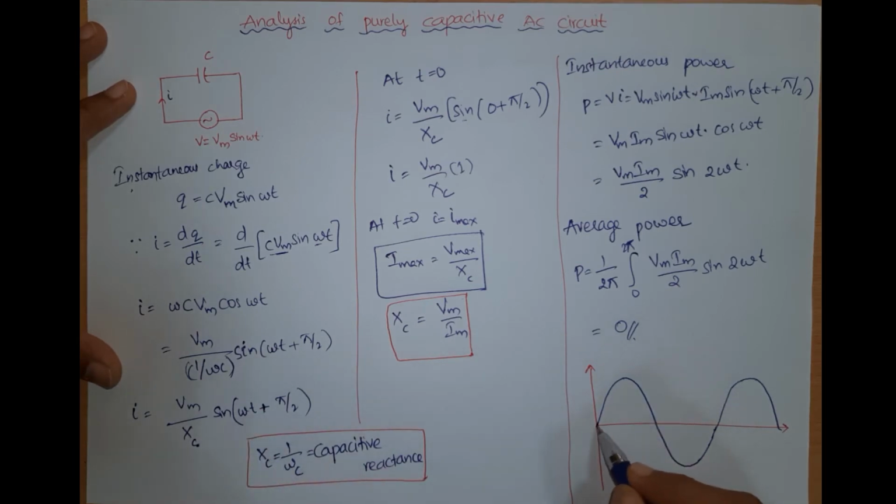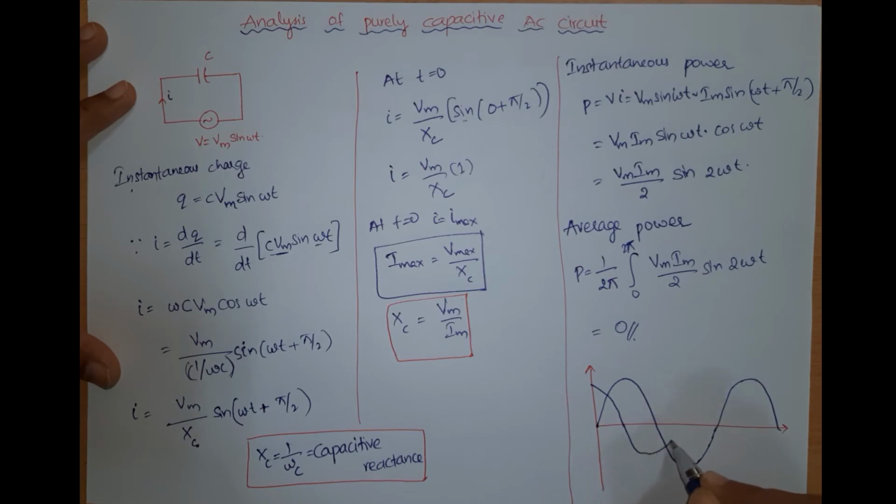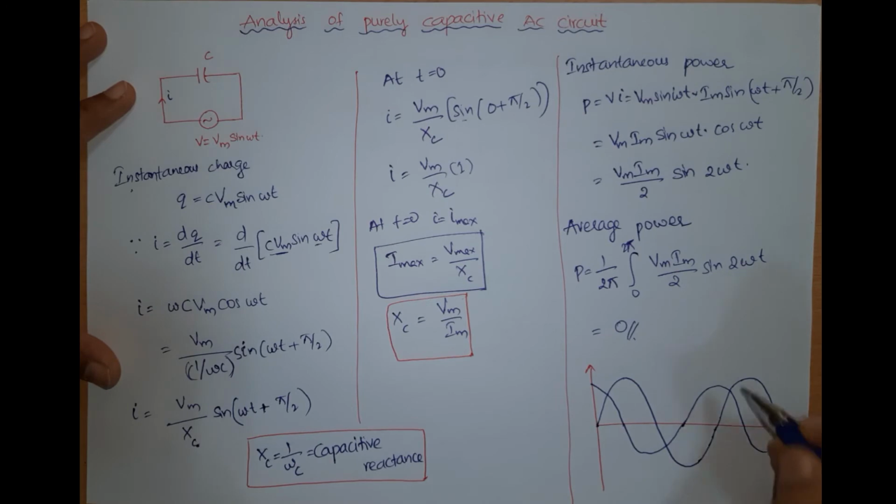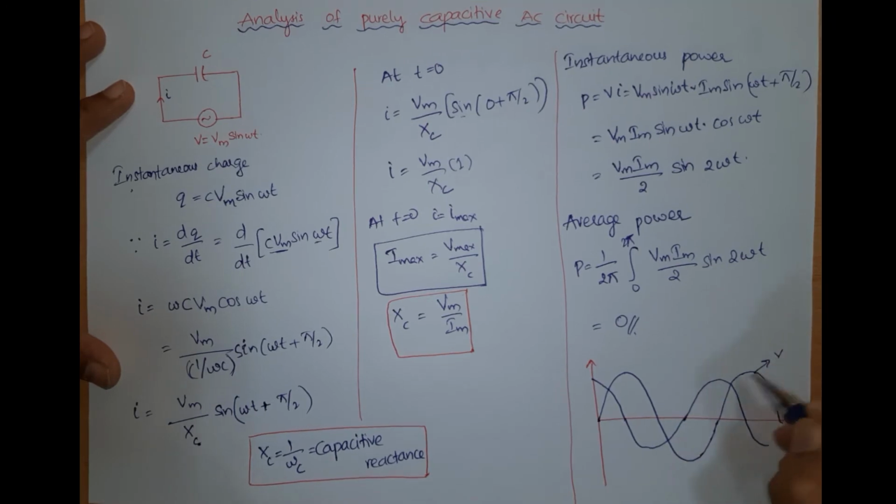So it is starting pi by 2 earlier. It has started here, that means it comes from here, right? Magnitude is reduced, right? This is V, this is I.